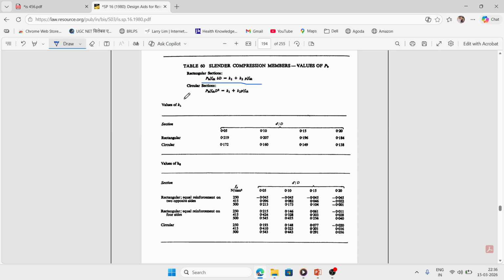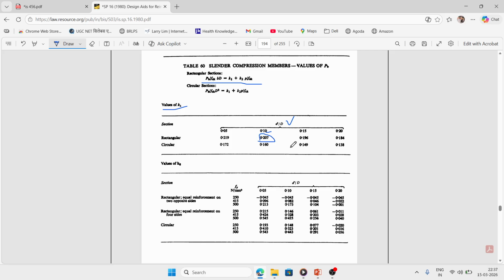So for the value of K, first you have to find the d' by D ratio. The effective cover is given as 50. So you divide it by the total depth of the column, that is 500, and you are getting 0.1.